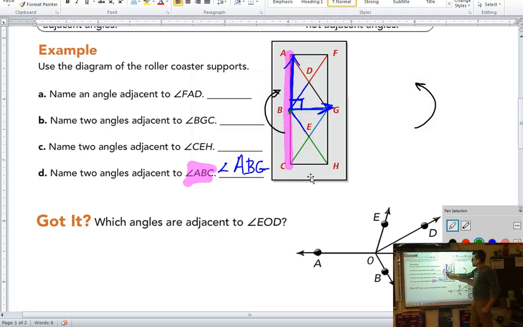Or if I use my vertex and my side with my C, then I'm going to have angle CB. Remember, your vertex has to go in the middle. CB, I could do E or H or G. So let's do CBE and bring that line right here. And then that green angle will also be adjacent because it shares a side, shares the vertex, and they are not inside of each other or overlapping.